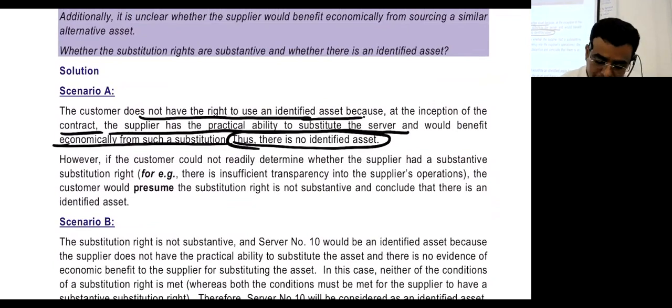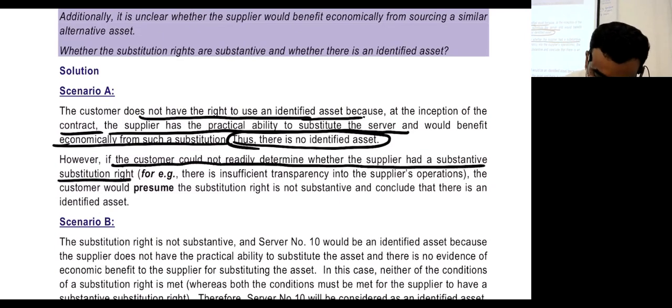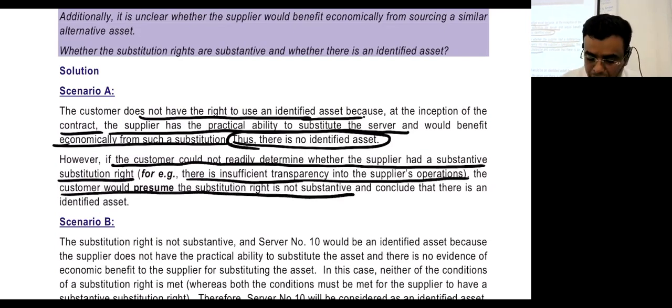However, if the customer cannot readily determine whether the supplier has substantive rights, there is insufficient transparency into the supplier's operation, and the customer would presume the substitution right is not substantive.